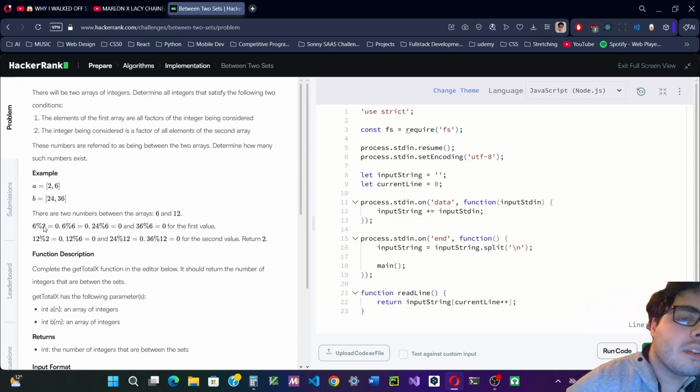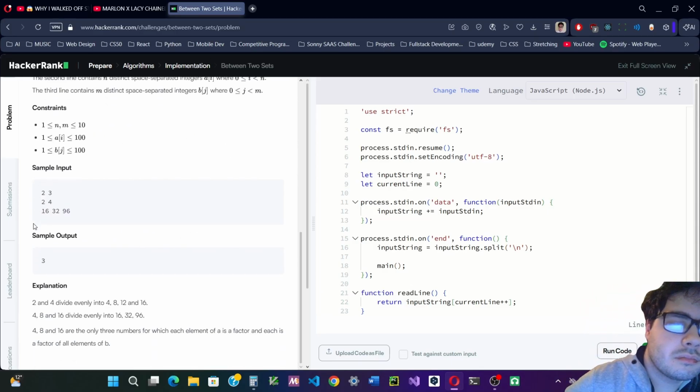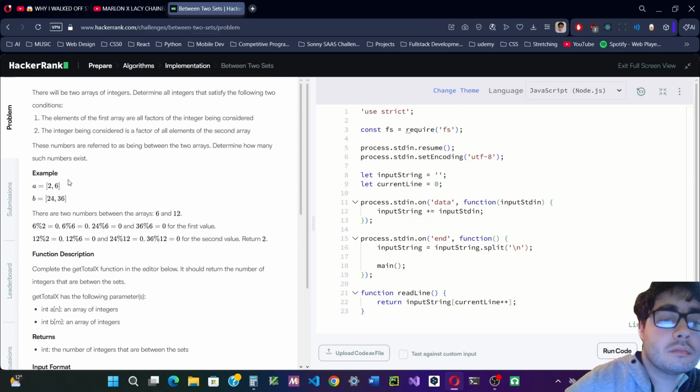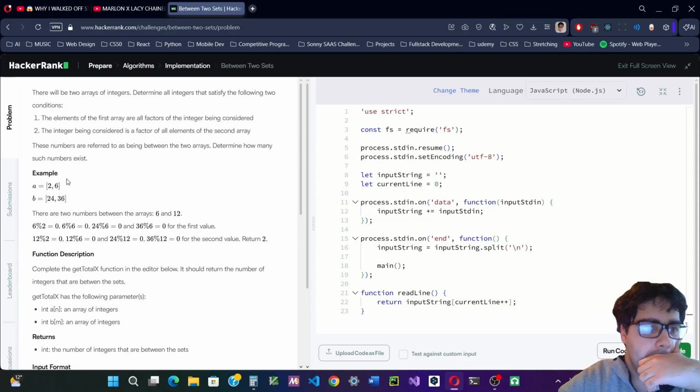I don't get this. Factors of the integer being considered, as a factor of all elements of the second array. Just being between the two arrays. 2 and 6, okay, I get 2 and 6.